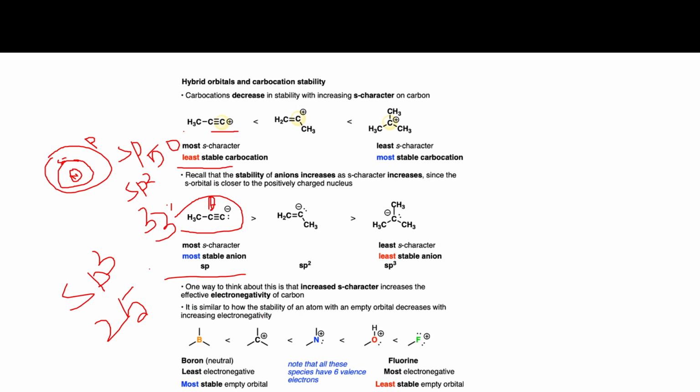It is similar to how the stability of an atom with an empty orbital decreases with increasing electronegativity. Boron and carbon species all have 6 valence electrons. Fluorine, the most electronegative, gives the less stable empty orbital.